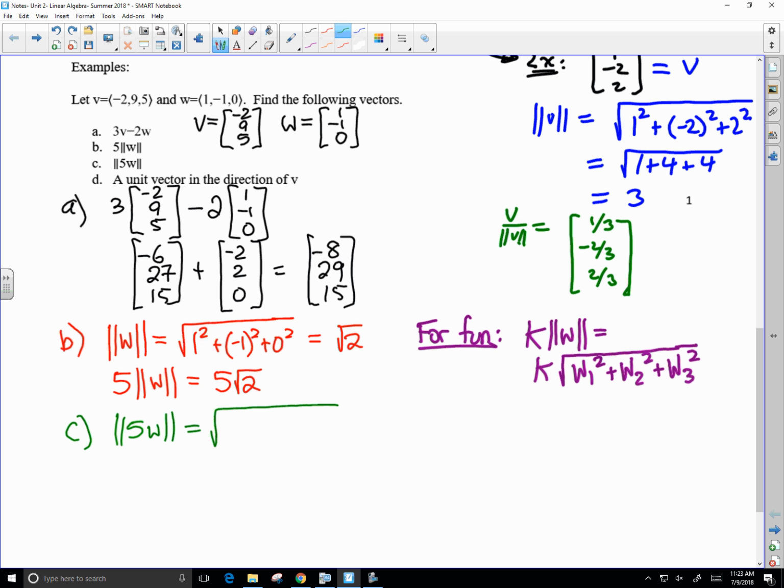I'm going to itemize it a little bit and write it as 5 times 1 squared, which obviously is the same thing, but it's going to serve a greater purpose in a second. 5 times -1 squared plus 5 times 0 squared. Because the 5 times 1, 5 times -1, and 5 times 0 is what you would have done to get your 5W vector.